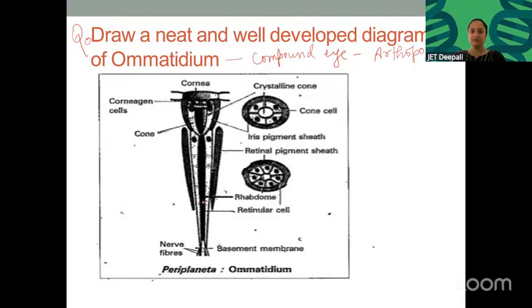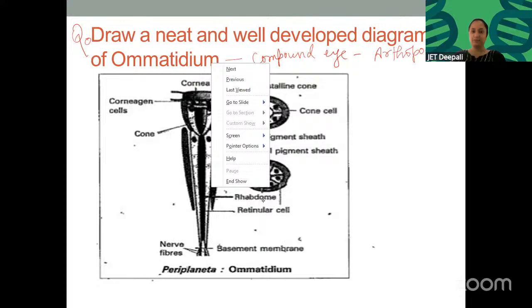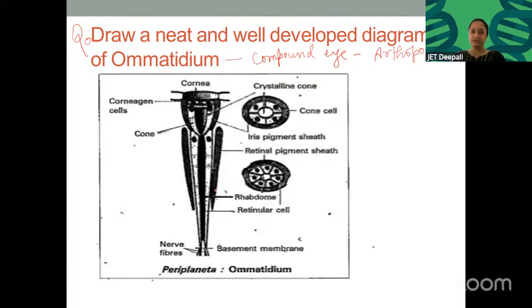This is just an extension of this, an enlarged diagram of the rhabdome. So basically these are cones and these are rods. These are rods enlarged diagram. This is cones enlarged diagram. And this is the basement membrane and nerve fibers are there. They give signals to their nerve ganglions. And then accordingly the mosquito, whatever arthropod it is, reacts. So it's a compound eye. You have to draw this kind of diagram.